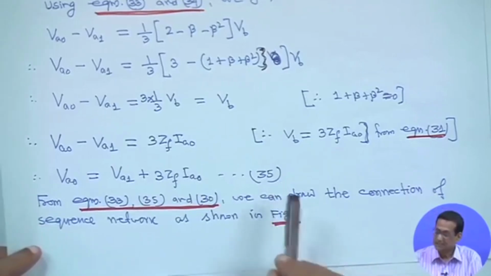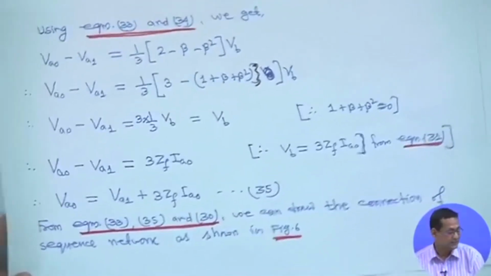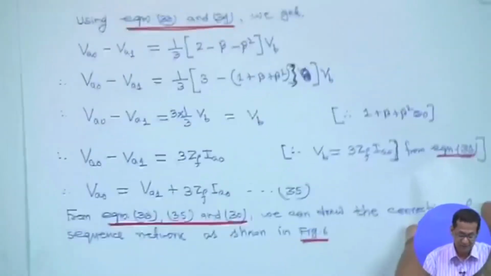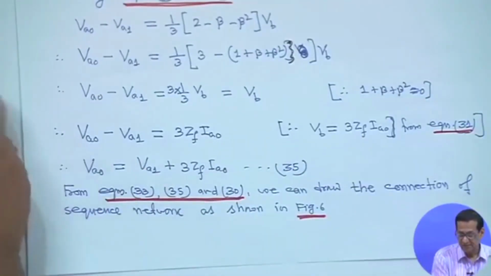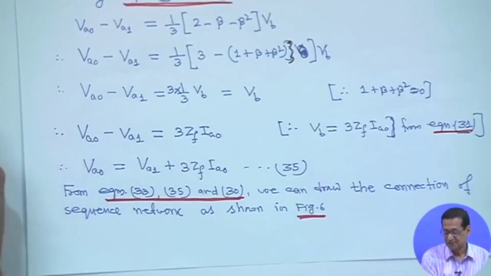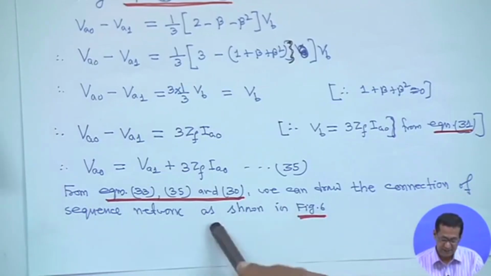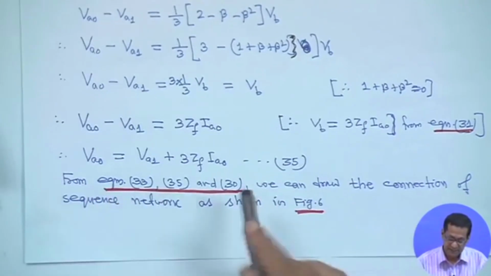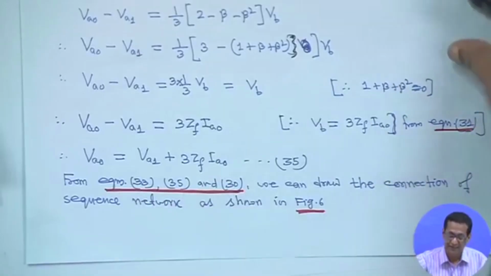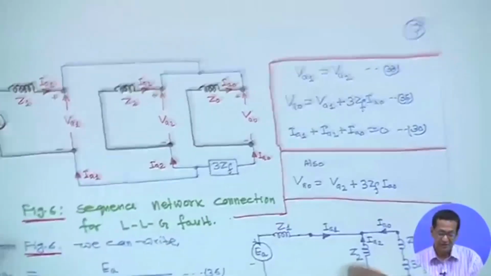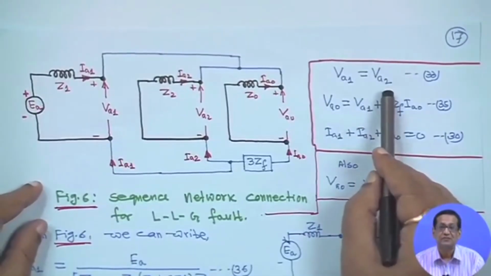Using equations 33, 35 and 30, we can draw the connection of the sequence networks as shown in figure 6. Equation 33 says V a 1 is equal to V a 2. This is the first thing.